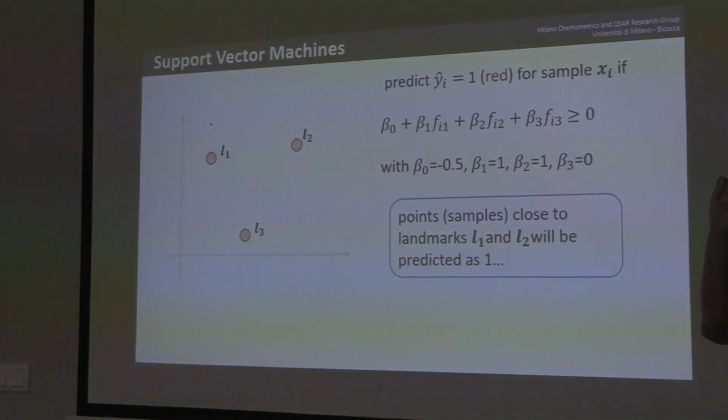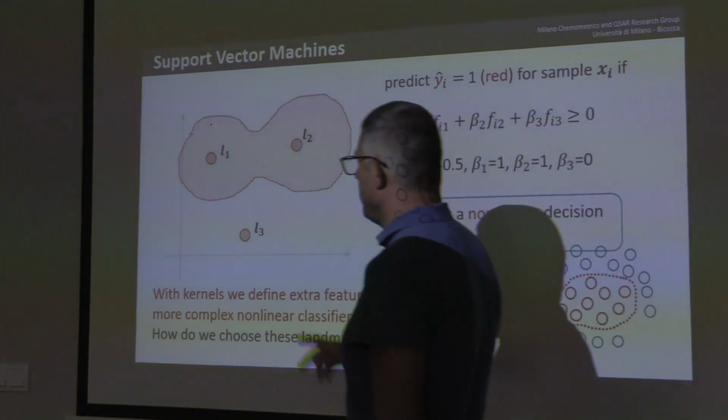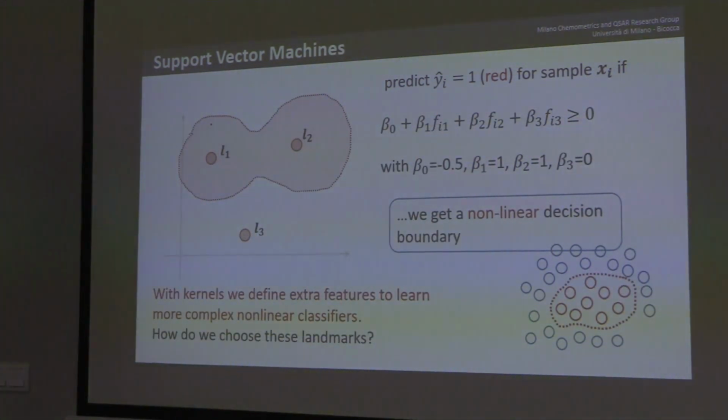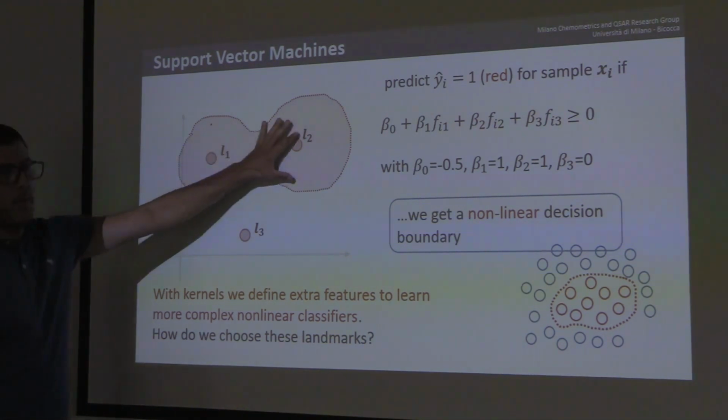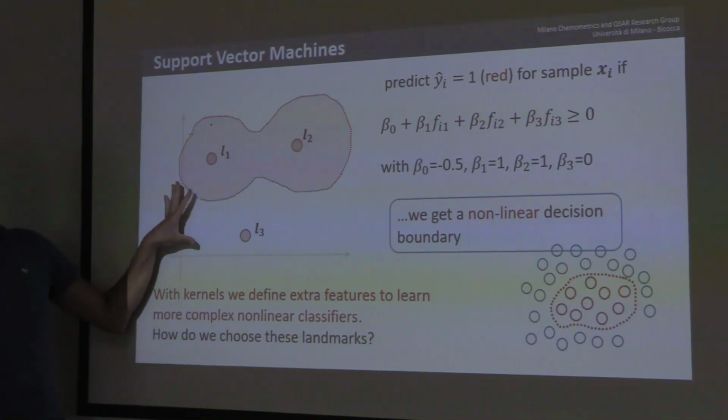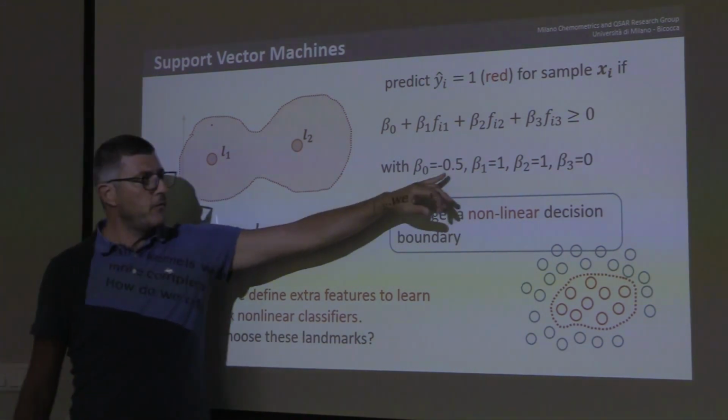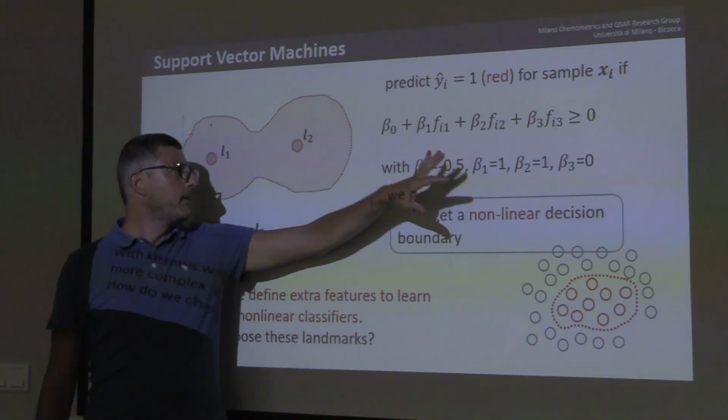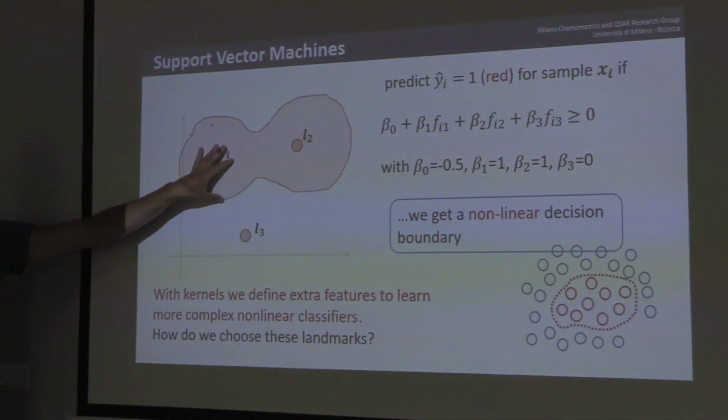So you will have something like this, which is a non-linear separation between the two classes. This is just a simple example with 3 landmarks, 2 variables, and these coefficients. But this is how it works.